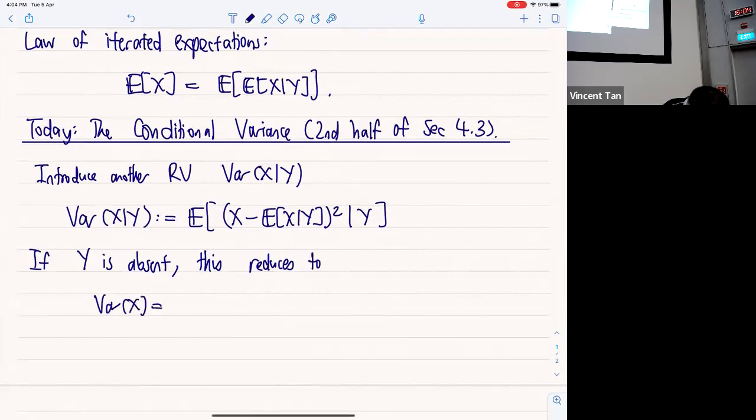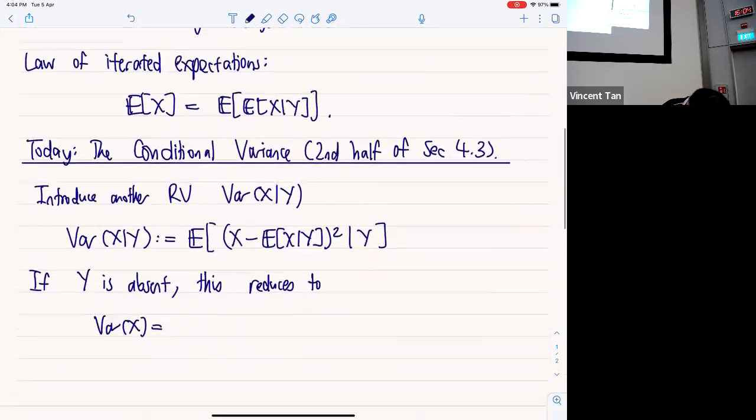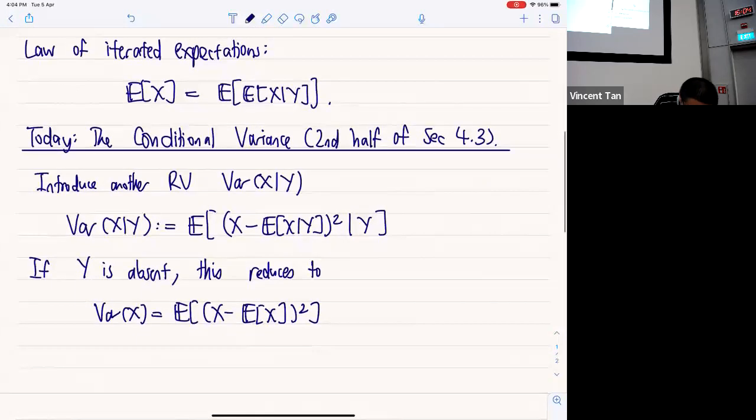If you use your finger to cover this, that means you're not conditioning on anything. Then we have the expectation value of x minus the expectation value of x, quantity squared, which is the vanilla definition of variance.